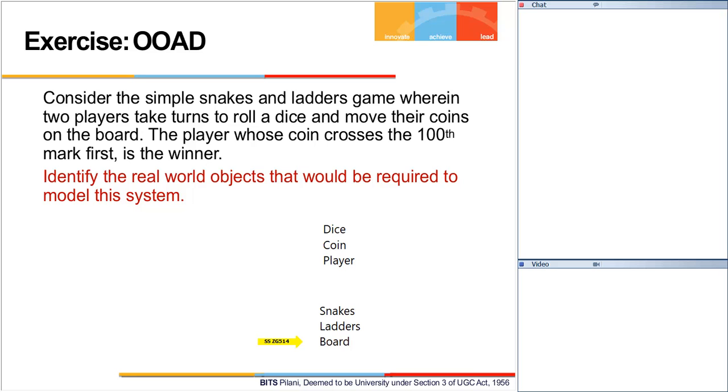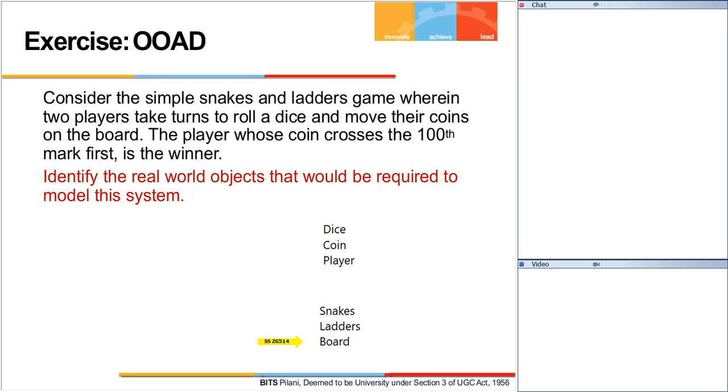Whenever you land on a mouth, you fall down to the location of the tail, and whenever you land onto the ladder, if it's a climbing ladder, right? So if you are at the starting point of the ladder, you climb up the ladder, right? This is how it's played. So definitely, board is a domain concept here that is required, right?